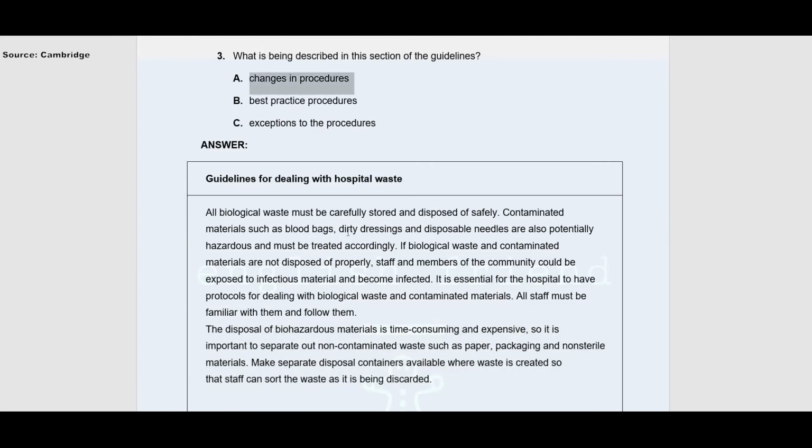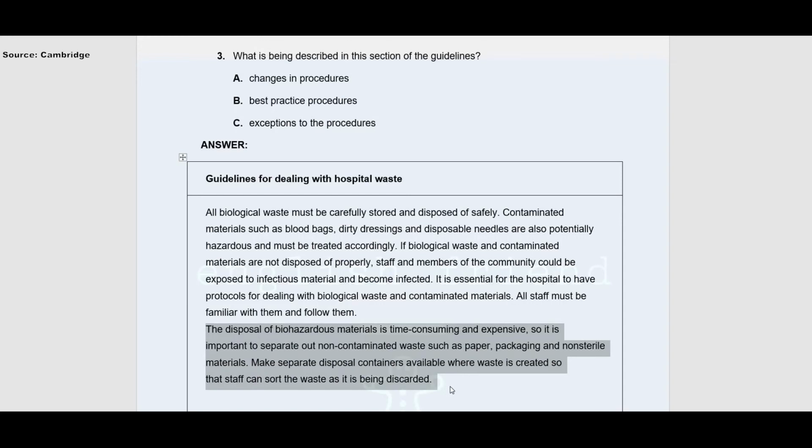Option A says changes in procedures. So we have gone through the entire paragraph. We didn't see any sort of change in any procedure mentioned here. Here in the first paragraph, they are talking about the importance of storing and disposing the biological waste in a proper manner. And in the second paragraph, they are dealing with how storing and disposing must be done, because disposal of biohazard materials can be time consuming and expensive.